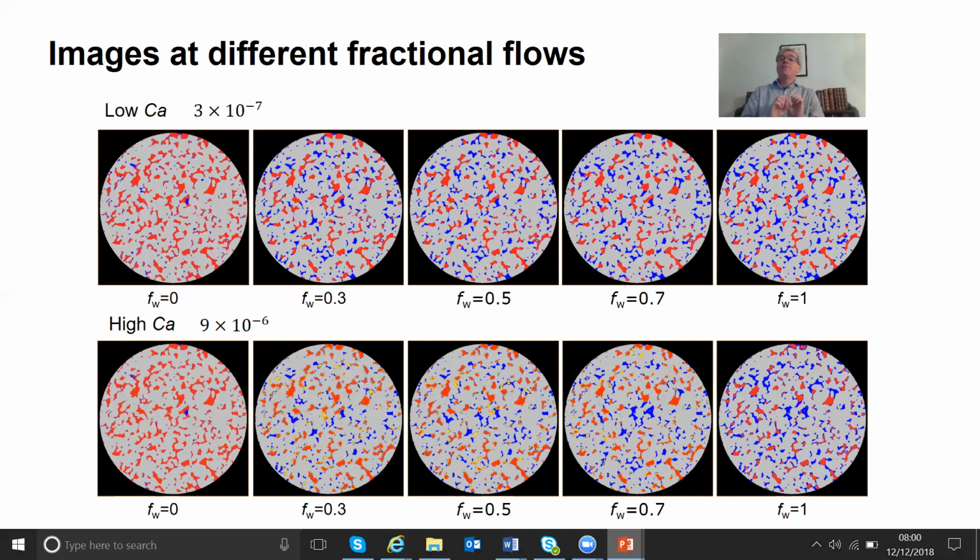At very low flow rate, what we see is oil is flowing in its path, water is in its path, and it's completely segregated. So they have their own, I might say, sub-pore space through which they flow. We increase the flow rate, we begin to see some intermittent behavior, some regions of the pore space occasionally have a flow of water, sometimes of oil, and of course that will affect the relative permeability. So the relative permeability is a function of saturation, as we can see here, but also of flow.